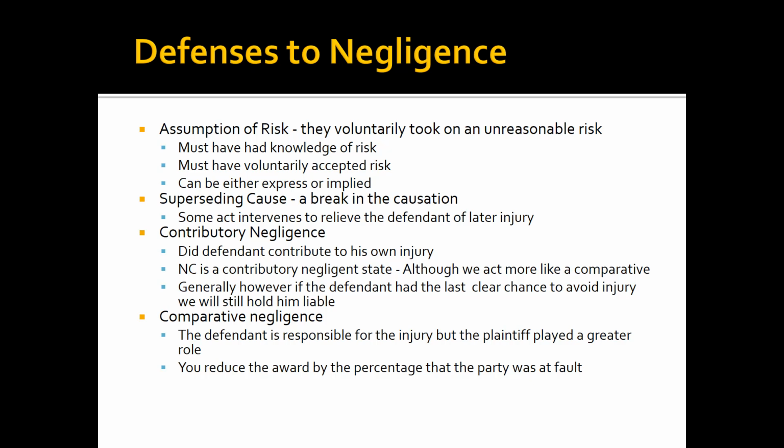You come around the curve, he comes around the curve, he's over into your lane. But I could show that theoretically, if you'd been driving the speed limit, you would have been able to just swerve out of his way. Theoretically, in a contributory negligent state like North Carolina, since you had the last clear chance to avoid the injury, you could not successfully sue.